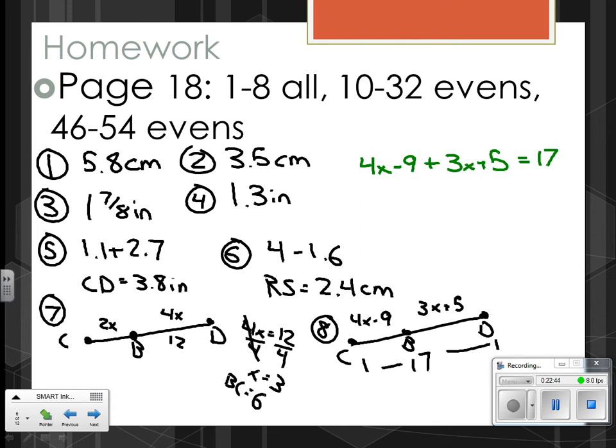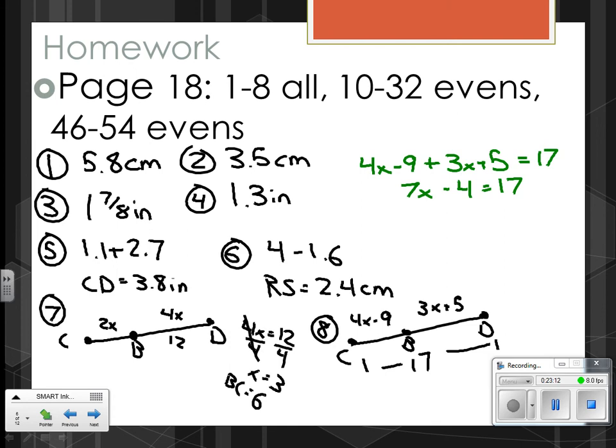Here's an example of why we practiced our algebra before we got to this first chapter, because this stuff's going to pop up. So we're going to remember, when there are variables together on the same side, how do I get them together? In this case, add them. 4x plus 3x would give me, how about the negative 9 plus 5? So that was my first step. I simplified a little bit by combining my like terms.